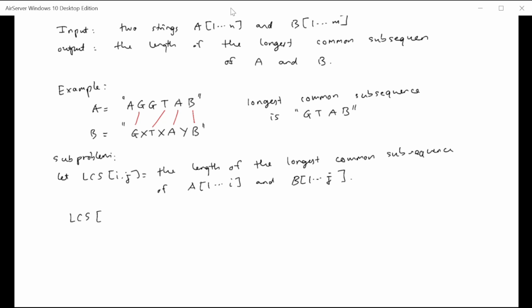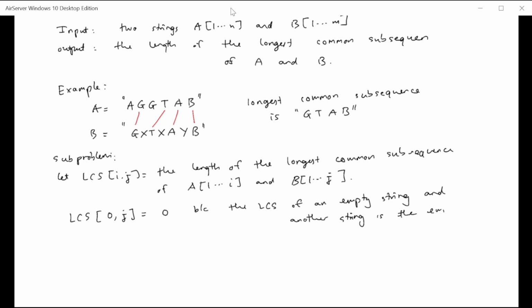LCS(0,j) is equal to 0 because the longest common subsequence of an empty string and another string is the empty string.